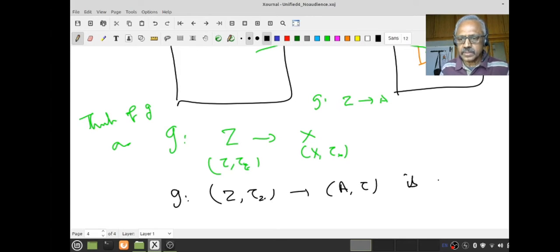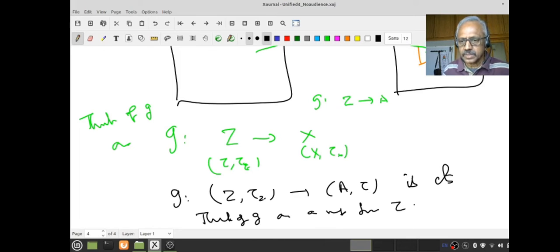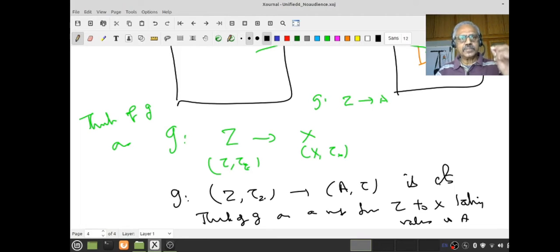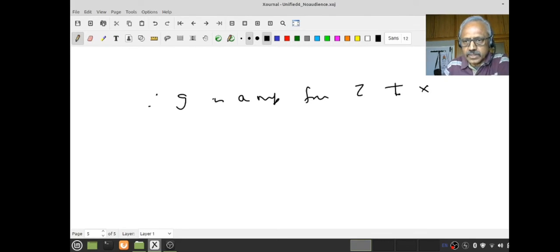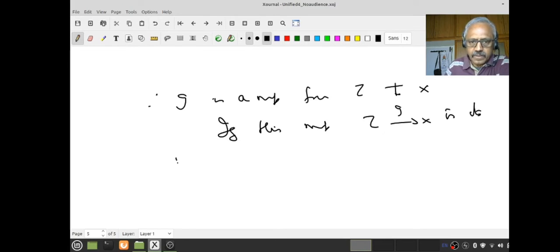Okay, is continuous. What it says is, think of g as a map from Z to X, taking values in A. Then g becomes a map from Z to X. Now if this map Z to X is continuous, then so is g from Z to A. That's what it says.